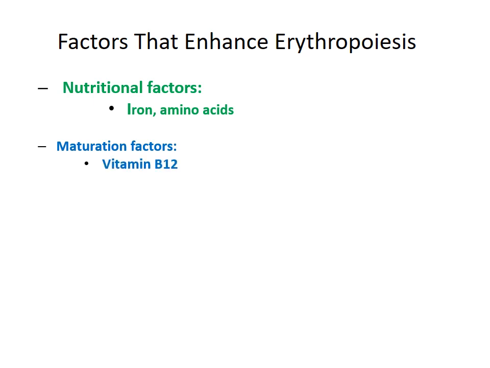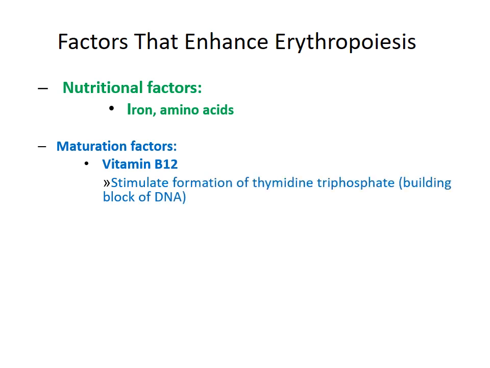The most important maturation factors are vitamin B12, which is needed to stimulate the formation of thymidine triphosphate, the building block of DNA, and folic acid. So these are the two maturation factors, vitamin B12 and folic acid.